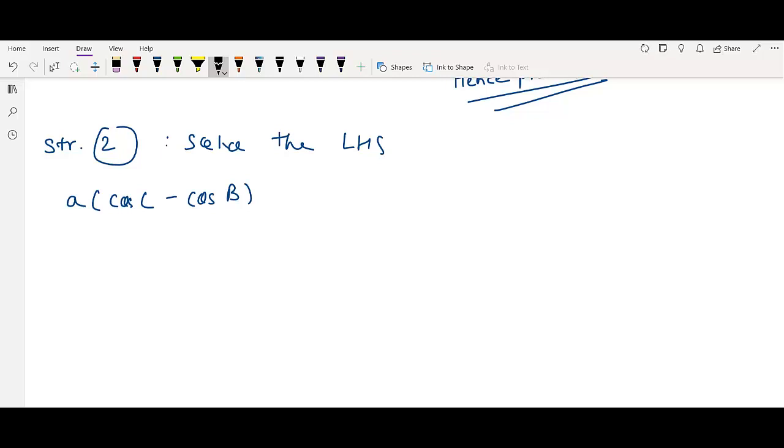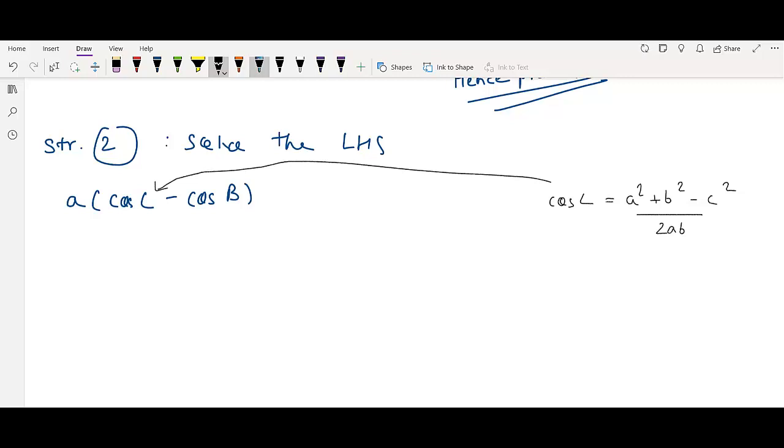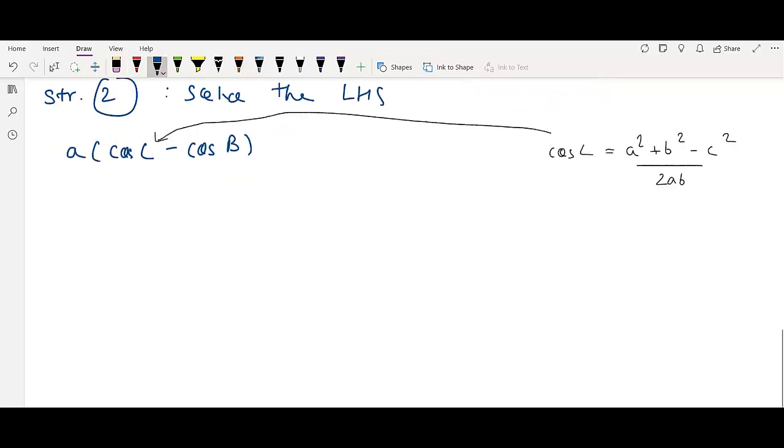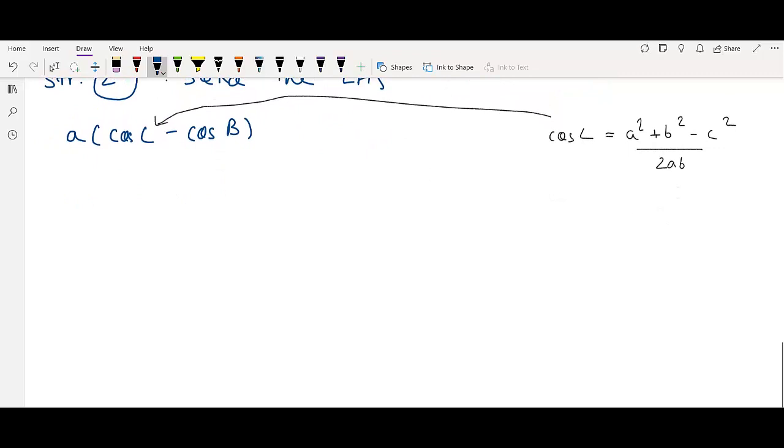As per the cosine law, I have cos of C equals A square plus B square minus C square upon 2AB. So I can substitute this entire thing here, and I can do the same thing for cos B. So let us do that.